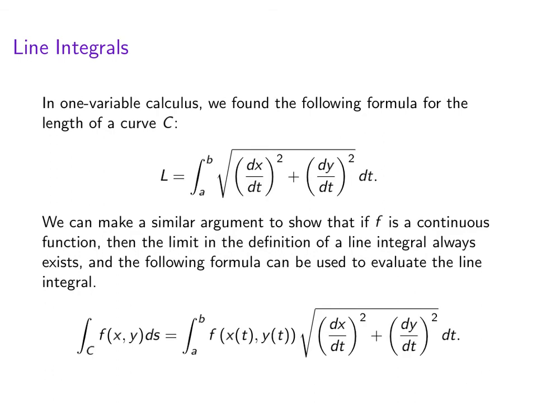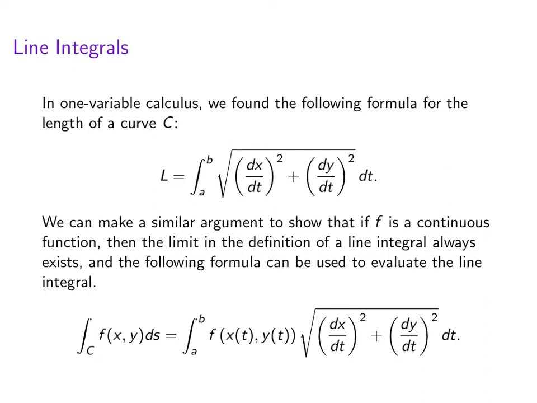The line integral of f along C with respect to s is equal to the integral from a to b of f of x of t, y of t, times the square root of dx by dt squared plus dy by dt squared, all integrated with respect to t.